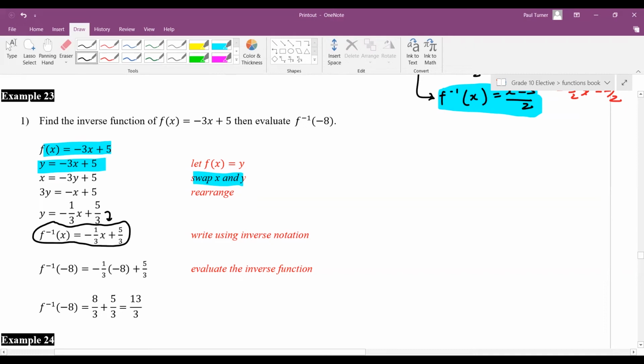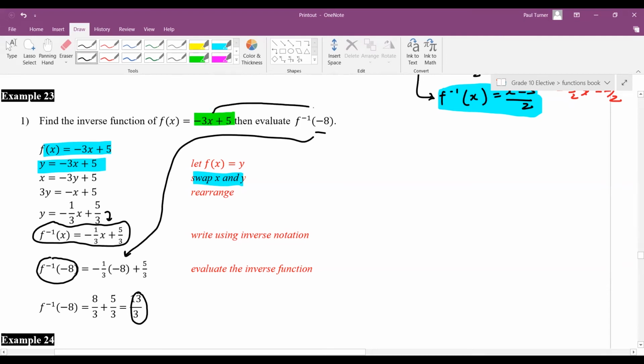Okay. So this will be your inverse function here. And then what I did then is I put the minus 8 into the inverse function. Okay. And I got my answer 13 on 3. But you notice a quicker way to do that, isn't there? Because we know that the y value of the function is equal to the x value of the inverse.